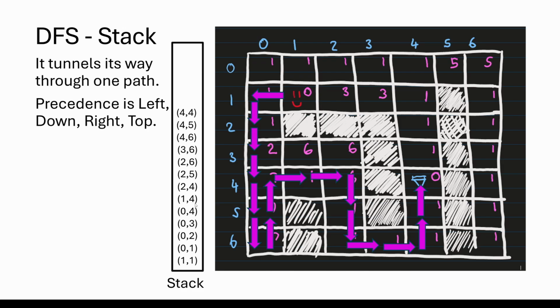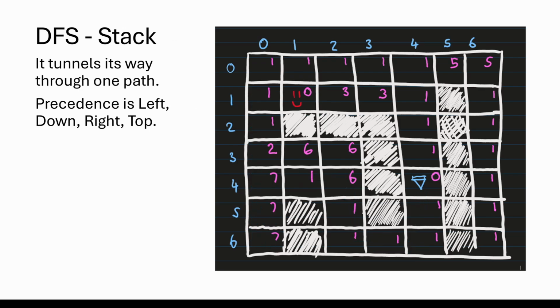You'll see that on 0, 4 we go to 1, 4 instead of 0, 5 because we popped these values off the stack as we had to backtrack. So we go to 1, 4 now, then 2, 4, and so on. We could just reconstruct the final path like this, and we're done with that.